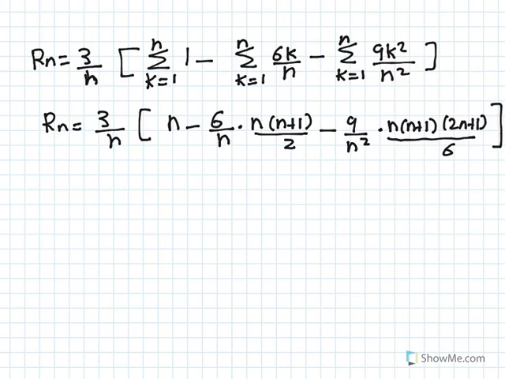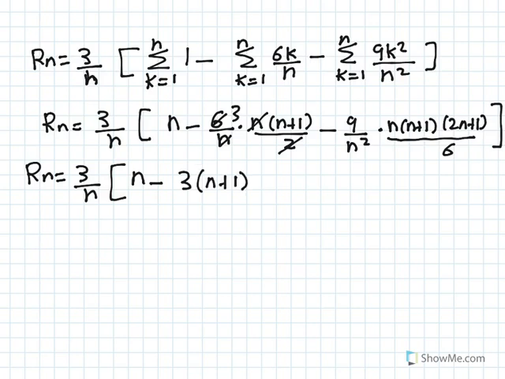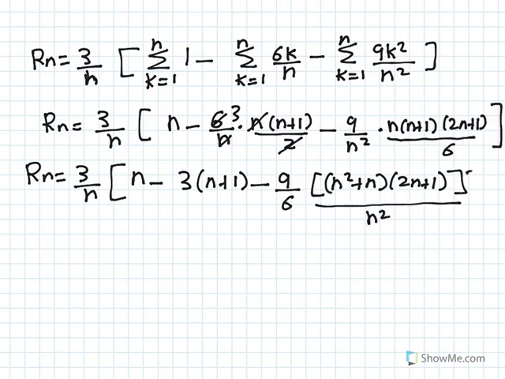So we need to do more simplification. We have Rn is equal to 3 over n times n minus, the 2 cancels with the 6, we get 3, so we get minus 3, and the n cancels out, minus 3 times n plus 1, minus 9 over 6, and we get n squared plus n, times 2n plus 1, divided by n squared.